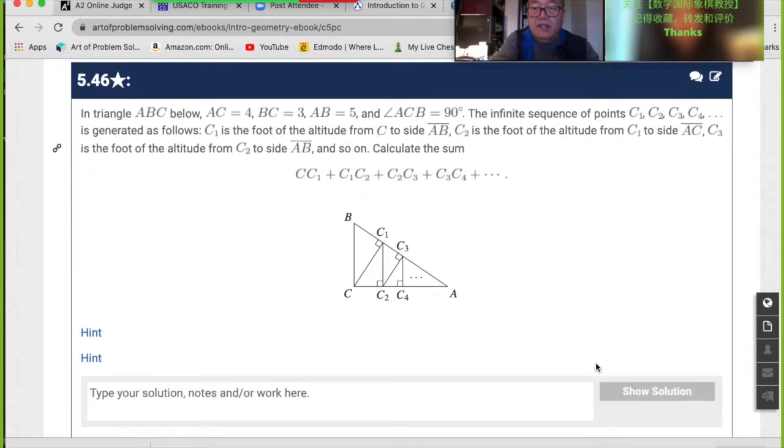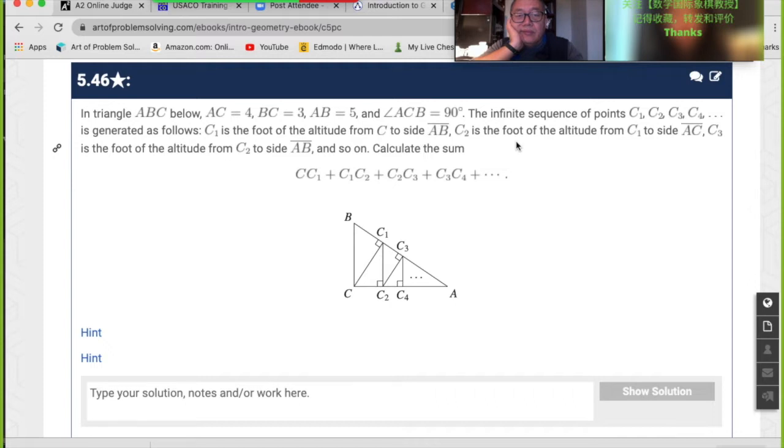Okay. So can you read this problem? In triangle ABC below, AC equals 4, BC equals 3, AB equals 5, and angle ACB equals 90 degrees. The infinite sequence of points C1, C2, C3, C4 is generated as follows. C1 is the foot of the altitude from C to side AB.